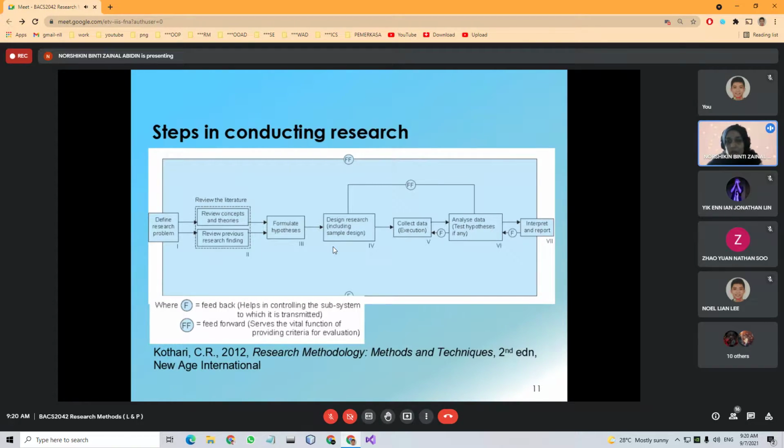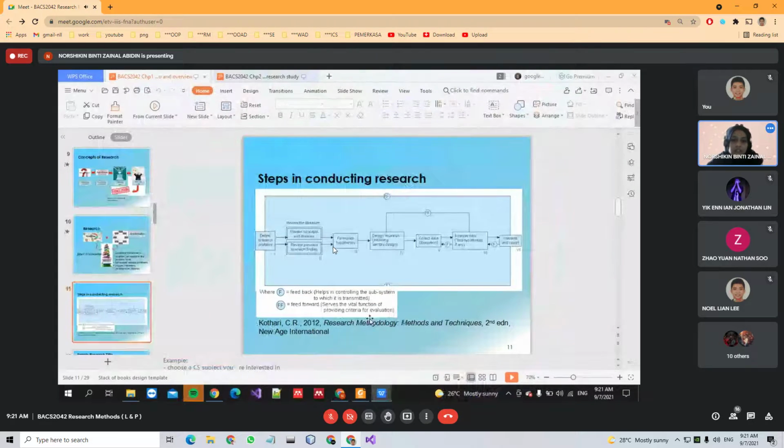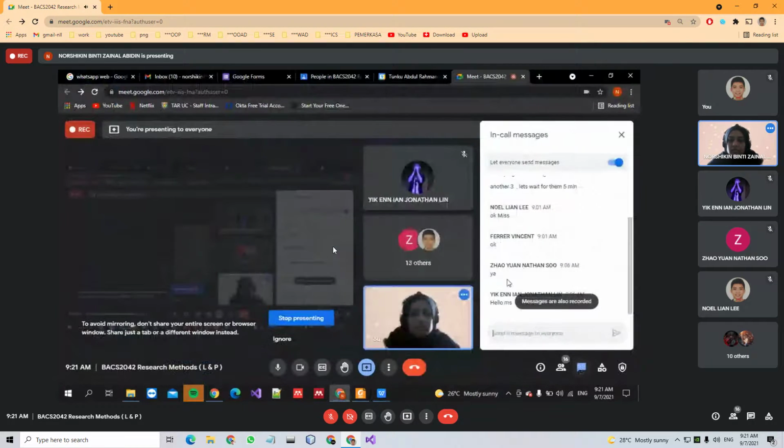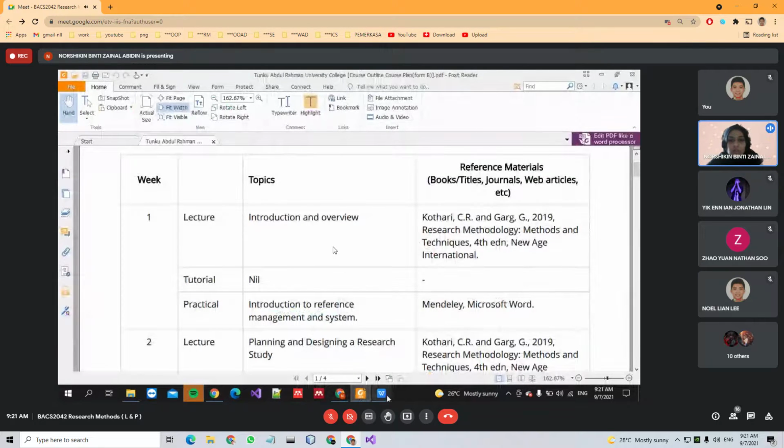That means from your data analysis, you need to conclude your data or your result, and then report. A report can be a research paper or thesis. So basically that's the steps in research. So we move to the next.